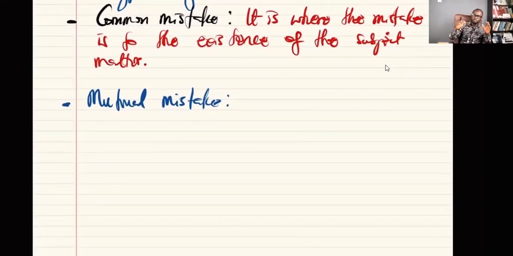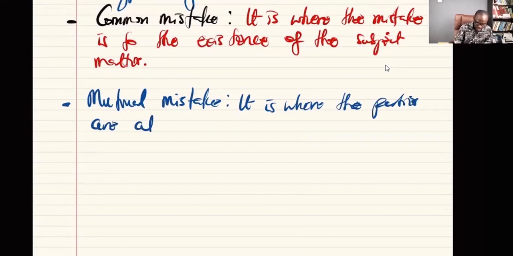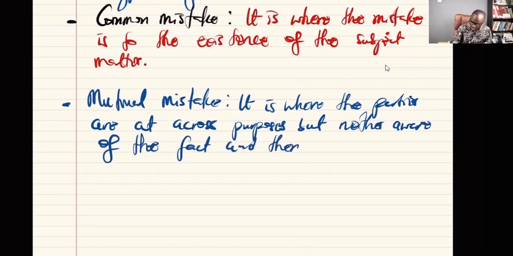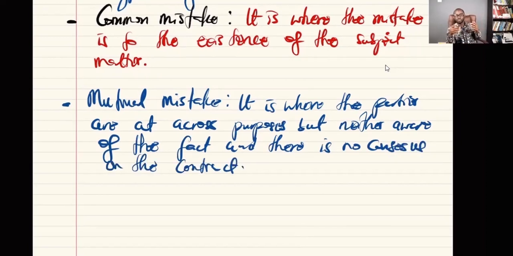It is where the parties to the contract are at cross purposes, but neither is aware of the facts, and there is no consensus. There is no consensus on the contract. So with a mutual mistake, it's not just about the subject matter, it's about the whole contract.